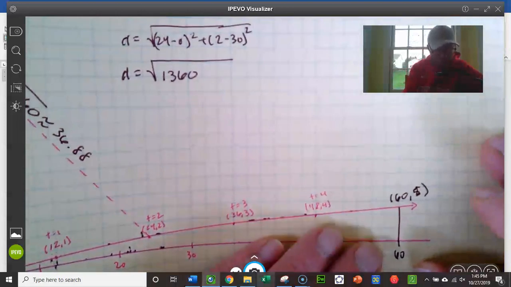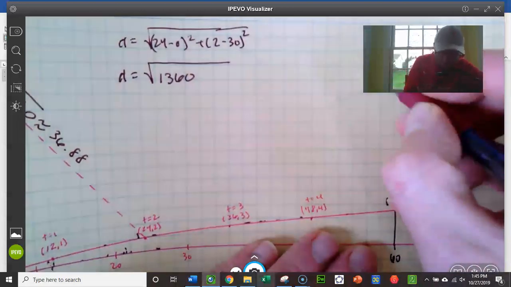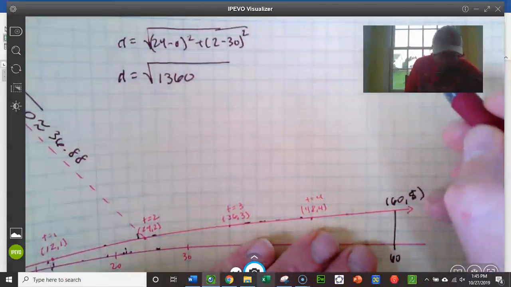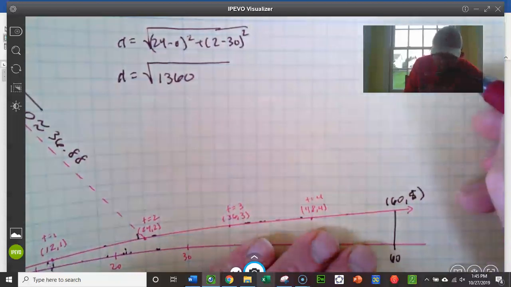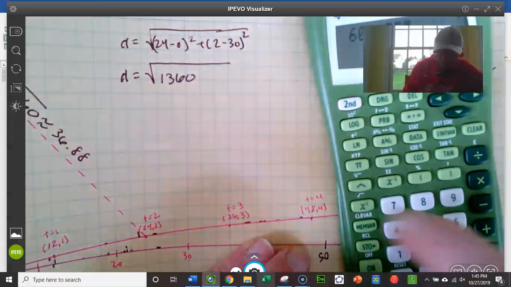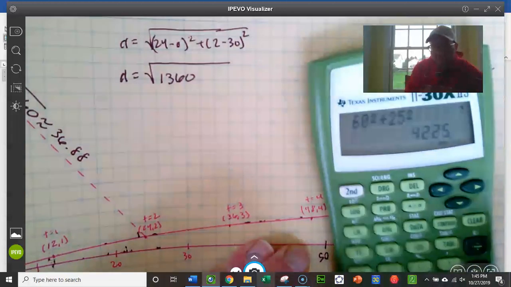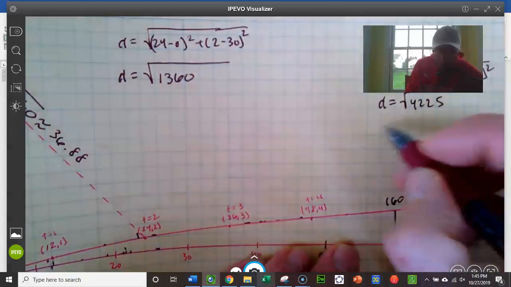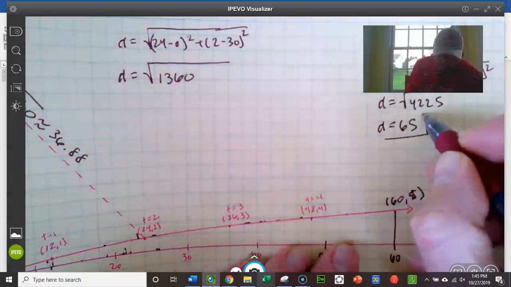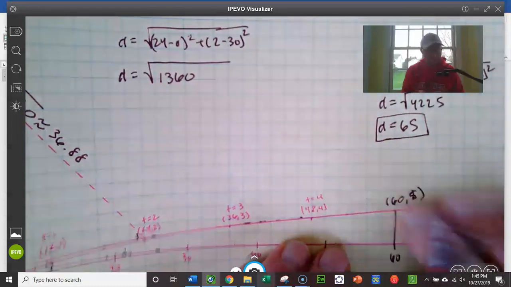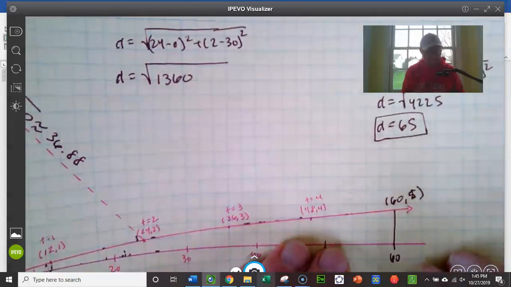Okay. So our distance, just to verify, is 60 minus 0 squared plus 5 minus 30 squared. I'll plug that in my calculator. 60 squared plus 25 squared is 4225, which is 65.